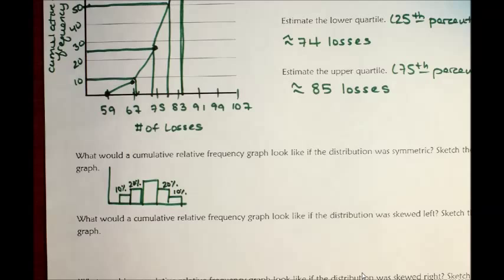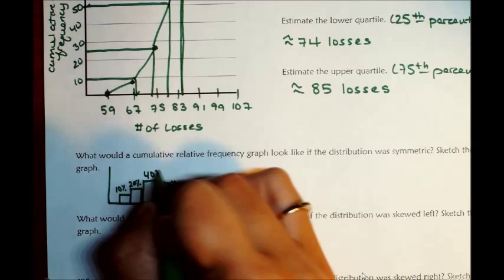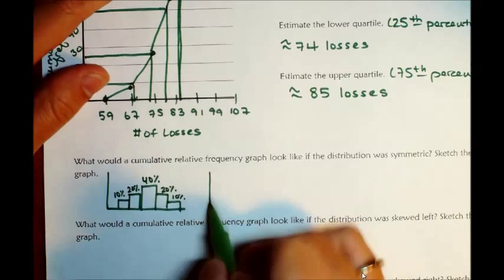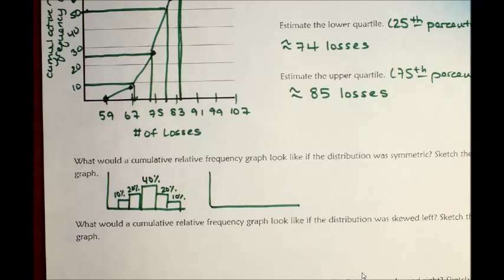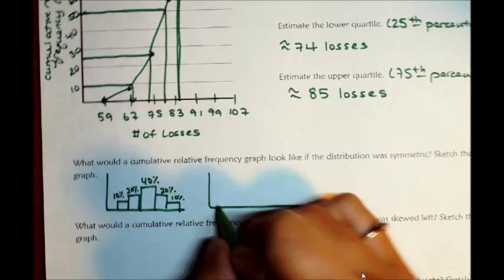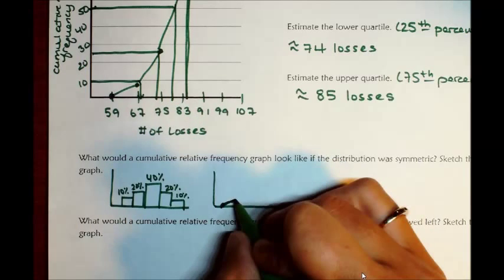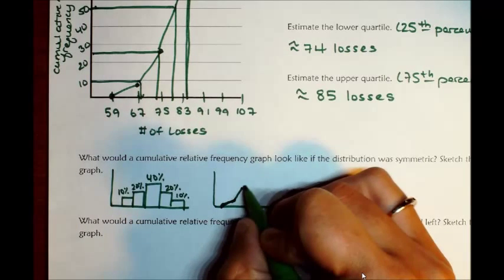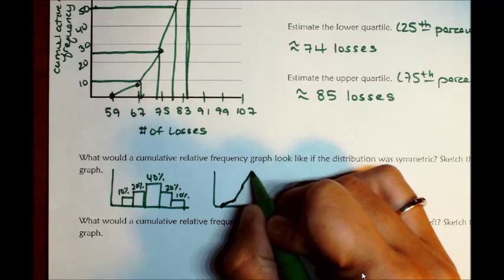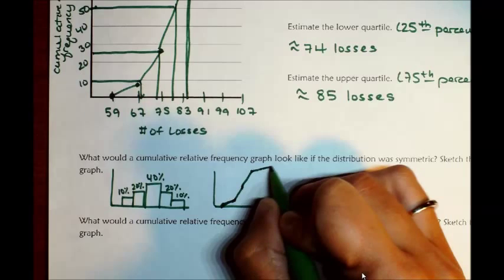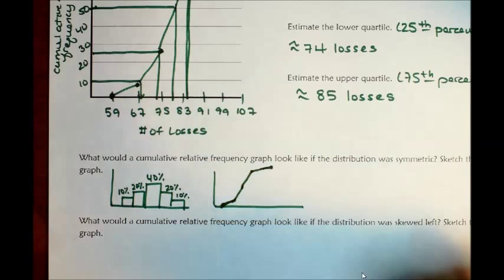Imagine if you were going to make a cumulative relative frequency graph instead, you would go up 10%, then you go up 20%, so a total of 30, and you would go up 40%, so it's getting steeper, and then it would level off. You're going to add another 20, and then another 10. So a symmetric data set gives a cumulative relative frequency graph that is also symmetric. If you folded it, you would get something that was symmetric as well.